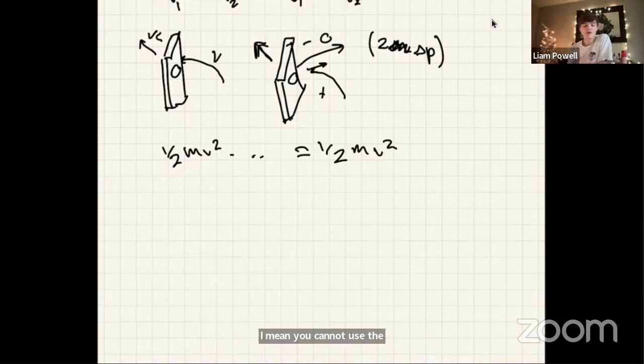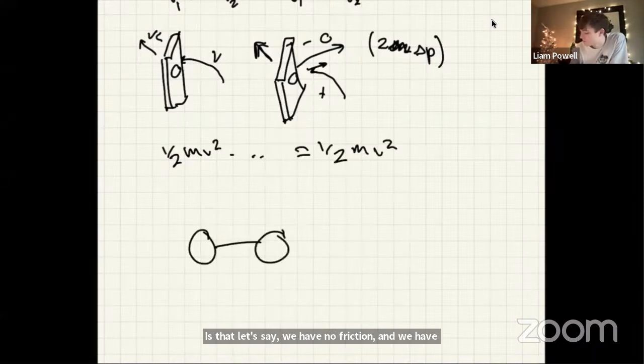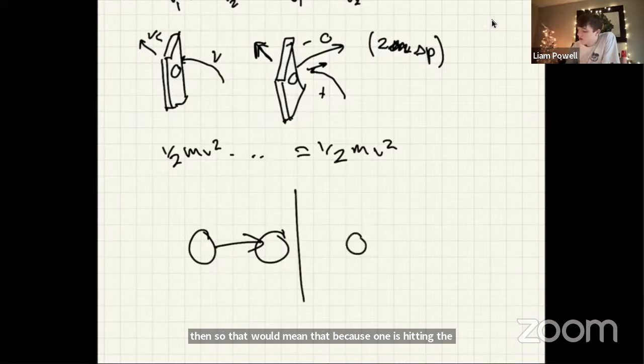But when it says that something is completely inelastic, it means that it sticks together. Something that would be completely elastic is, let's say we have no friction and we have billiard balls. One ball hits another, and before and after equals a number.